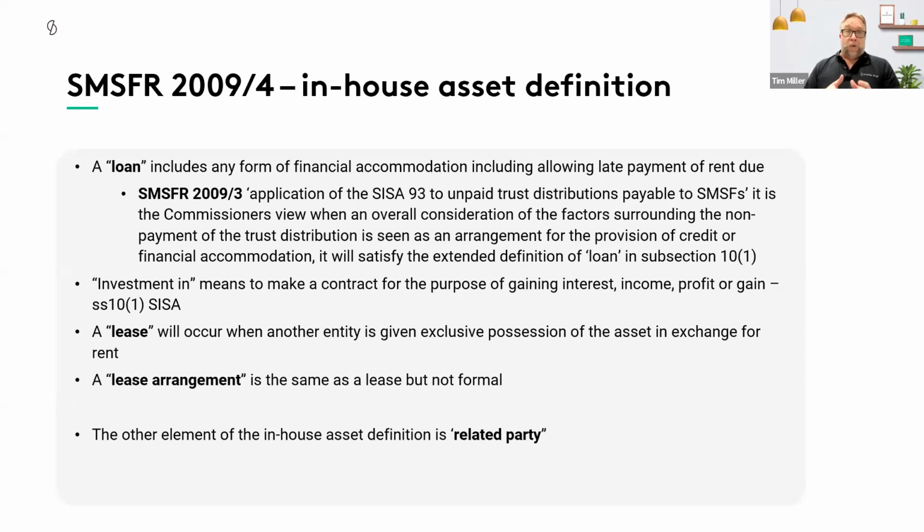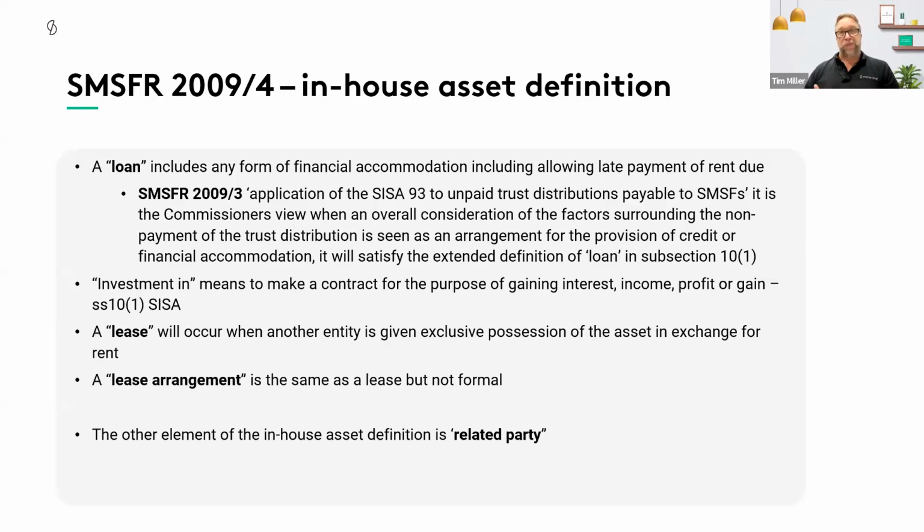So when we talk about a loan in the SMSF sense and from an investment piece, it's a broader definition than the idea of the reverse of a borrowing, where you borrow money with an intention to repay. The same with a loan is you lend money with an intention that money is going to be paid. That's our standard definition of a loan, sort of summarized pretty simplistically there.